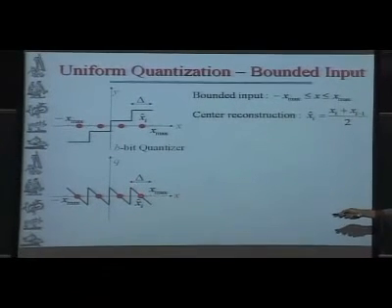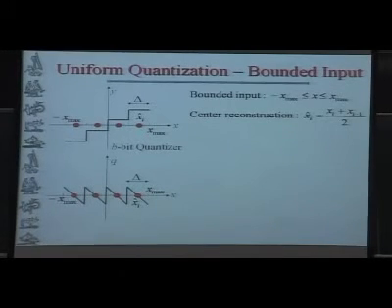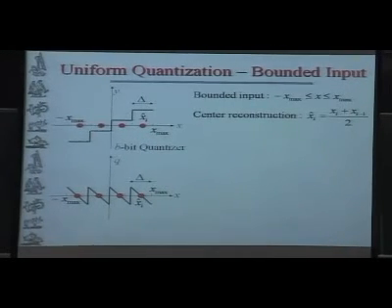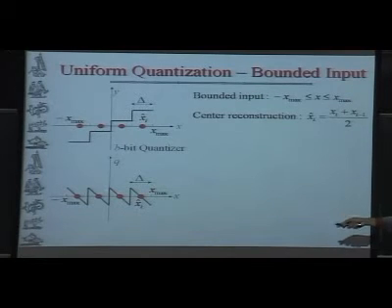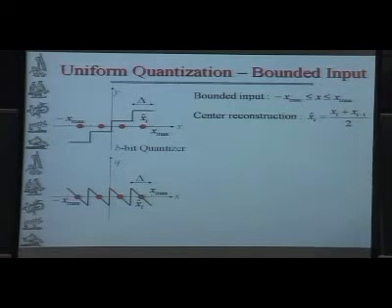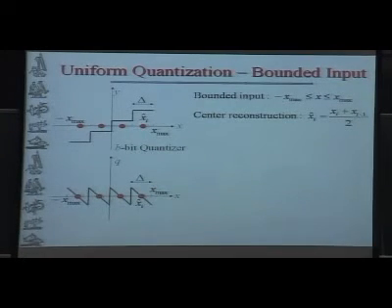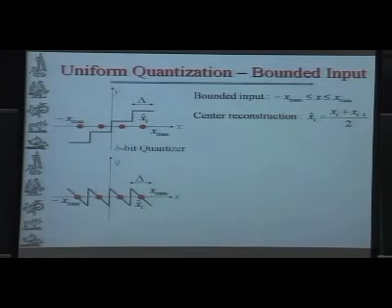So I'm plotting Q with respect to X. Let's take a little time to try to understand this. Are you okay with this? What is Q? Q is x hat minus x.